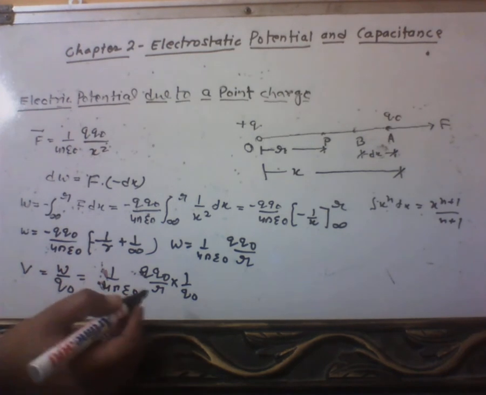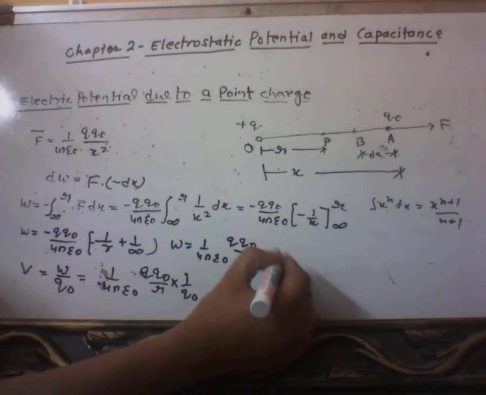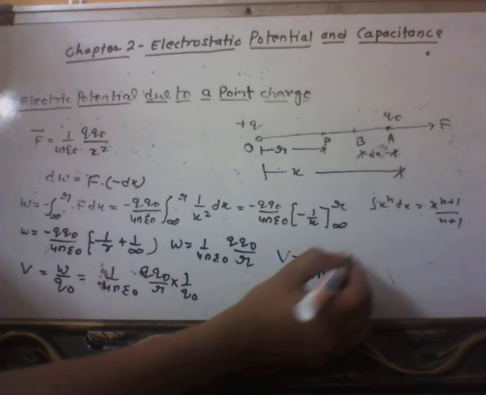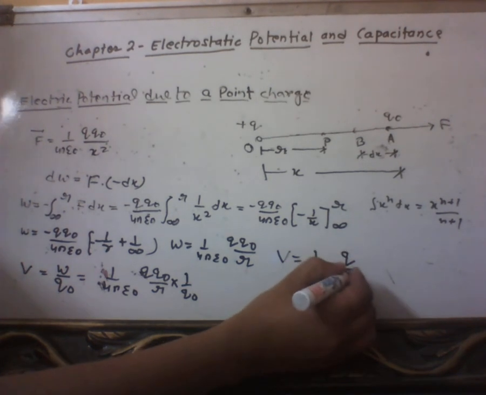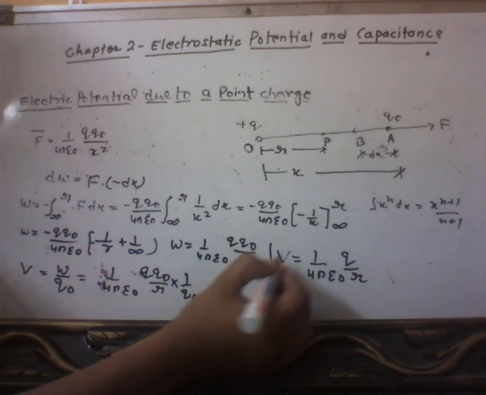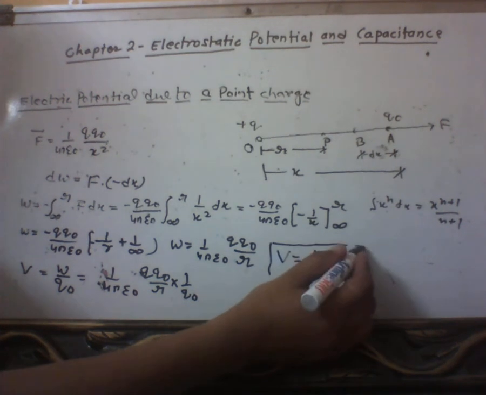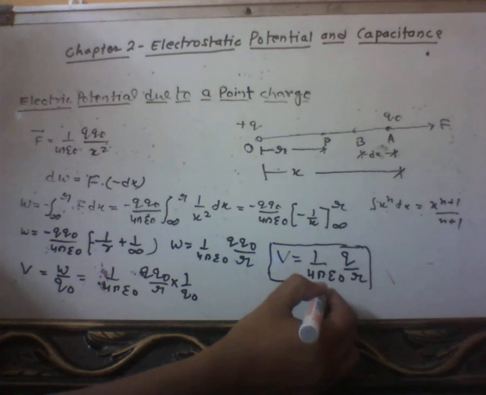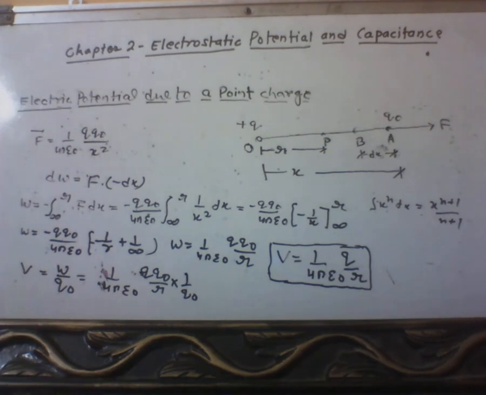Now on simplifying, we get V equals 1 upon 4 pi epsilon naught Q by r, and this is the formula for electric potential due to a point charge at a certain distance r from it.